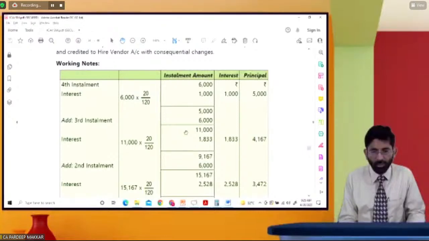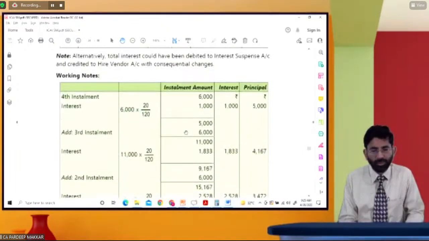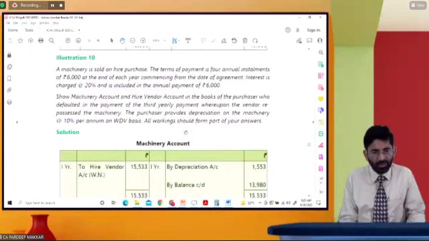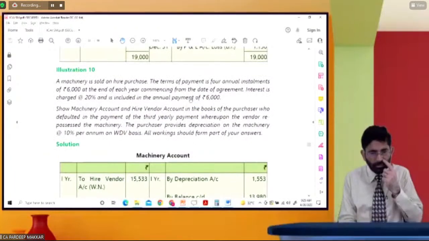Or we may use another method also, which I have discussed with you. This is the best method. Whatever is given in it, it's okay, no problem. You have to calculate the CP price, and simple entries are to be passed. According to my opinion, there's nothing tough in this question because only the CP price is to be calculated. And when the goods are repossessed, it's a complete repossession.